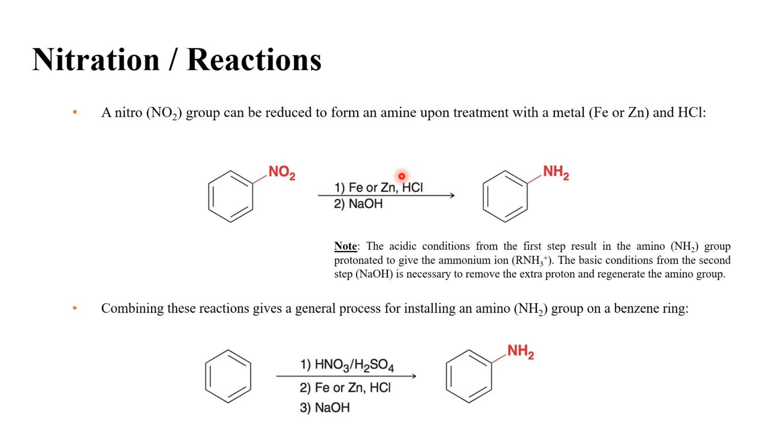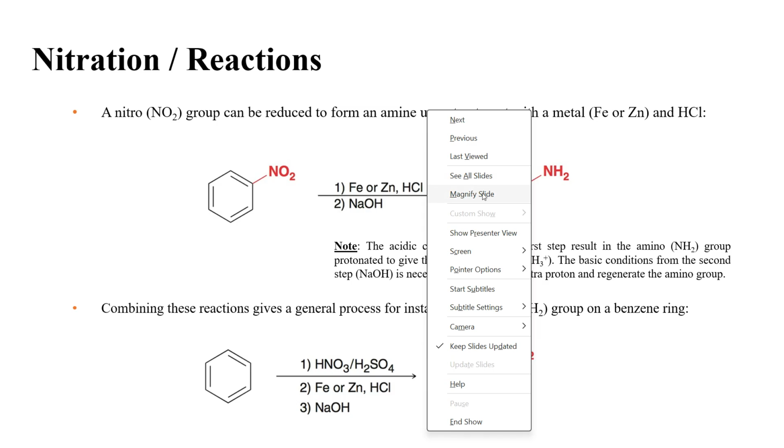But just know that when you use one of these two metals with HCl, you're going to reduce this NO2 to an NH2, okay? Now, why do we need NaOH, hydroxide, as a second step to do this? Well, you guys know that if you form this product, let me go back to my pen.